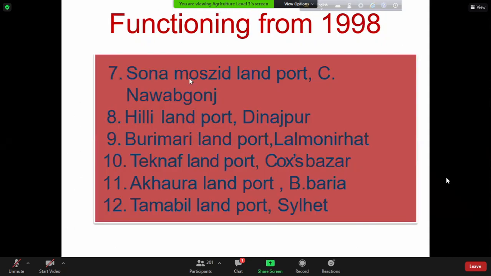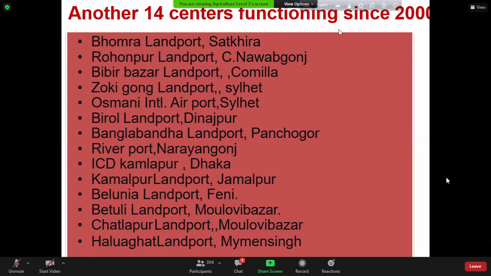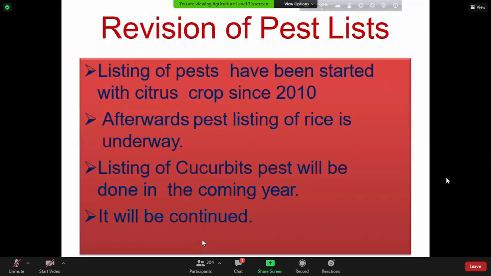There are other quarantine stations you can see here, established after 1988. You can see here Sonamasjid Landport in Chapainawabganj, Hili Landport, Dinajpur, Burimari Landport, Lalmonirhat, Teknaf Landport, Cox's Bazar, Akhaura Landport, Brahmanbaria, Tamabil Landport, Sylhet. So these are the other 14 land ports across the country, also one in Mymensingh, Haluaghat Landport.